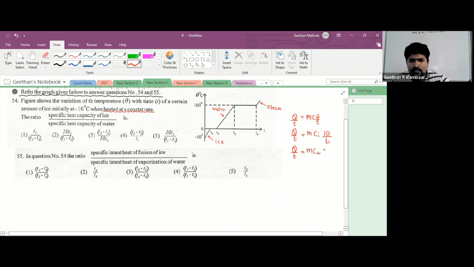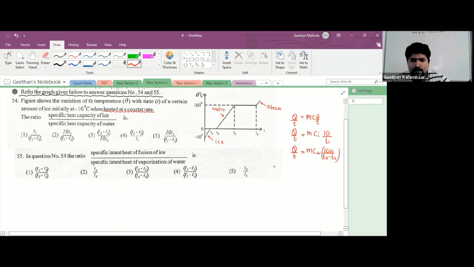Time taken is T3 minus T2. The temperature difference is 100 divided by T3 minus T2. Like this. So you can equate.